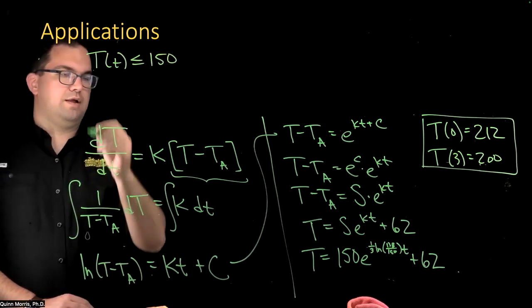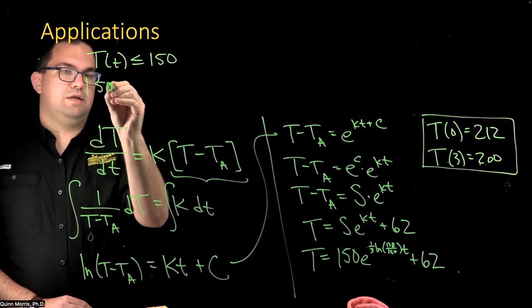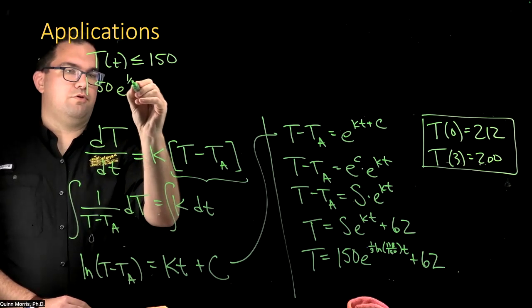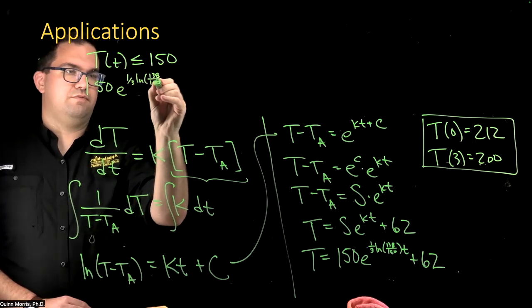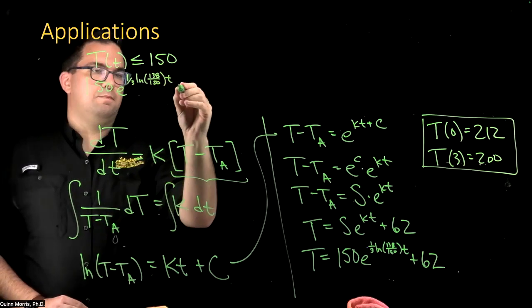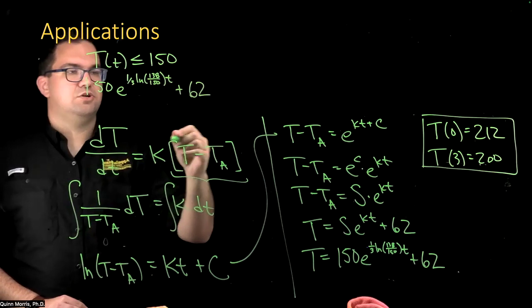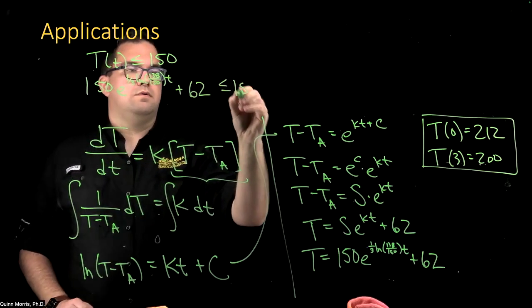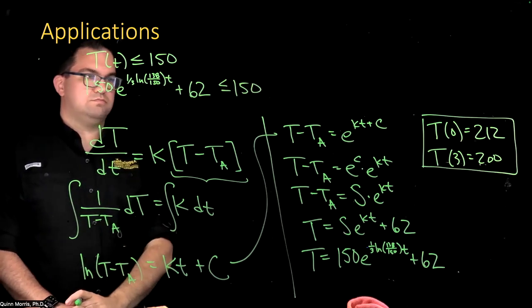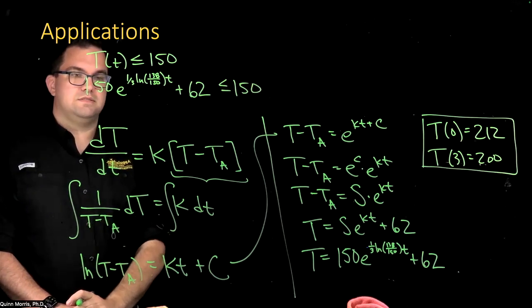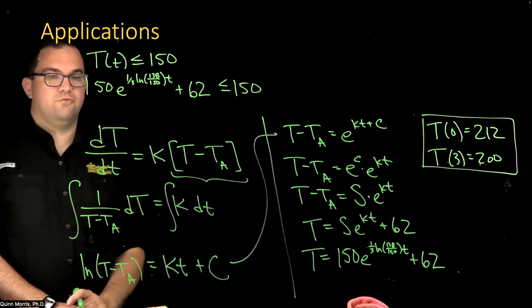And now I simply plug in 150 e to the 1/3 natural log of 138 over 150 times t plus 62. And now I want to just solve this equation, or this inequality, for t.